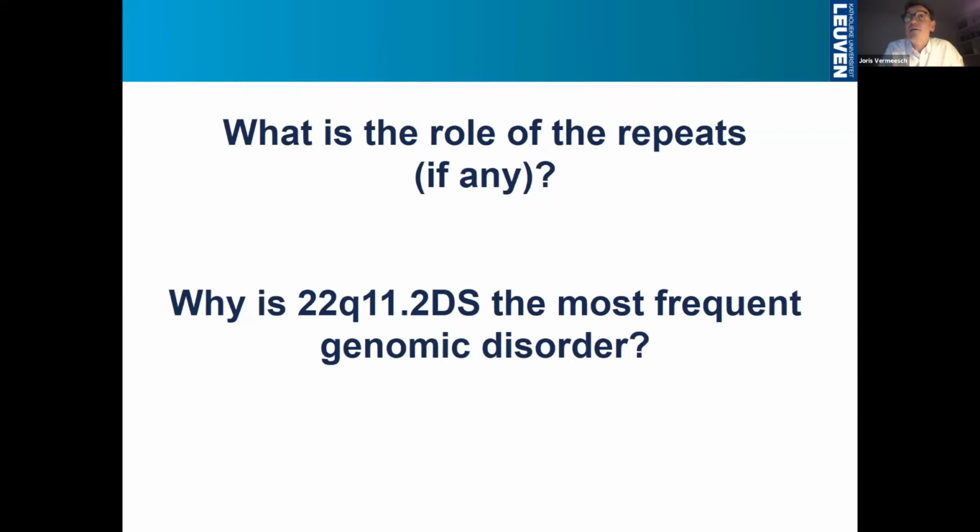If you remember, the A-D deletion is present in 90% of the cases, and the 22q11 disorder is about 10 times more frequent than the second most frequent genomic disorder. And so what is driving this? Maybe it's the size, maybe it's something else.